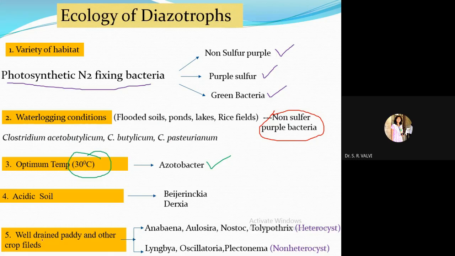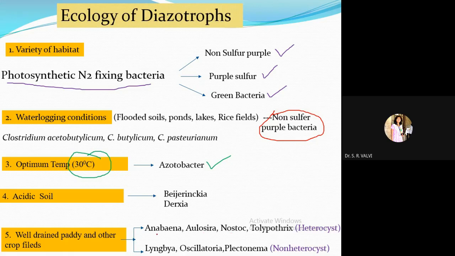The next is well drained paddy and other crop fields. In well drained paddy fields, paddy means rice field, and other crop fields, which kind of diazotrophs are present? In case of heterocystous algae, we have Anabaena, Aulosira, Nostoc and Tolypothrix.